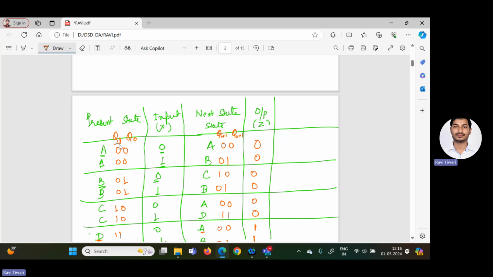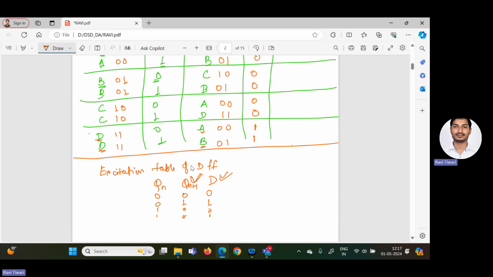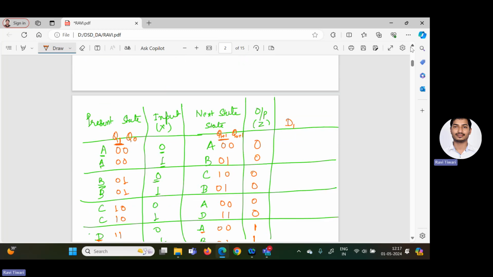Now you have to compare the present state, Q1, with Qn plus 1 and find out the value of D1. As we have seen in the excitation table, whatever the next state is, it is similar to D, so here also you can use the same thing. So D will be Q1 plus 1. That means 0, 0, right? Q1 plus 1: 0, 1, 0, 0, 1.